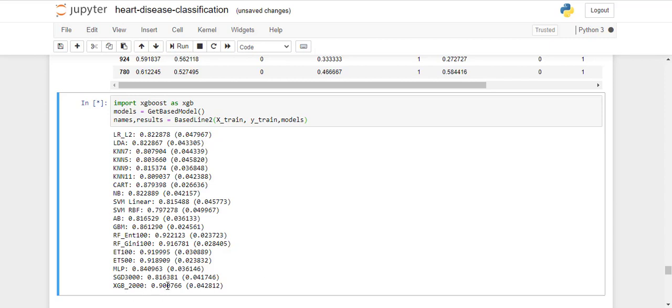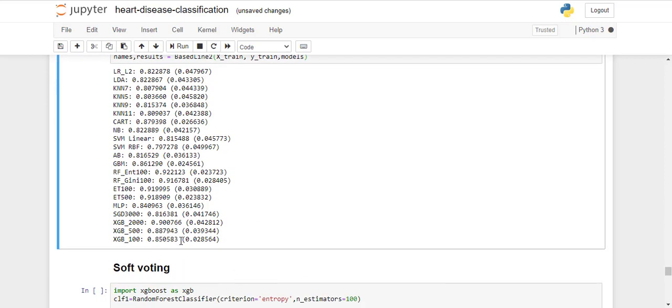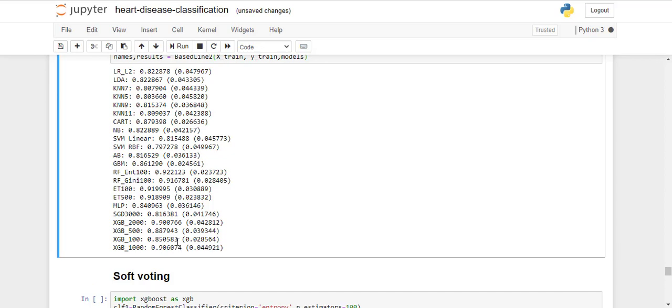That's good. 588.7, 185. Let's see what about 1000. 90.6. Okay, so XGB with 1000 is 90.6 and is the highest for XGB. And apart from that, RF entropy, random forest entropy, is the highest till now. So ET 1000 is remaining. Let's see.